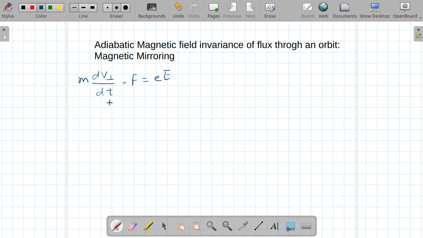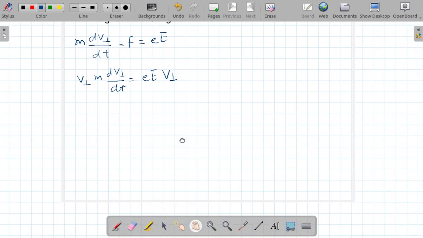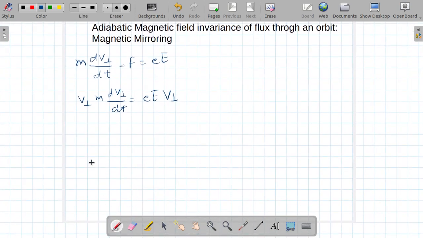Now multiplying both sides by v perpendicular, it can be written as this, and this can be written as half m v perpendicular square, because if I take its derivative, then its derivative will be half m 2v dv over dt, and 2 will cancel out with that 2, so it will remain this term again, right?